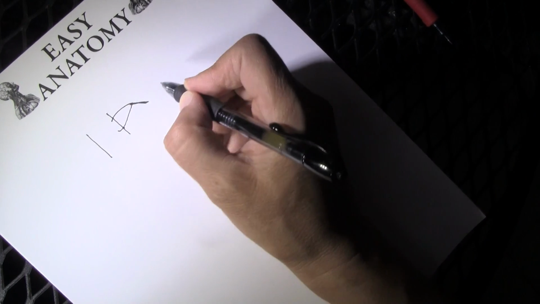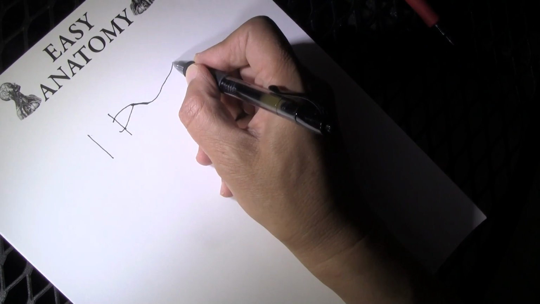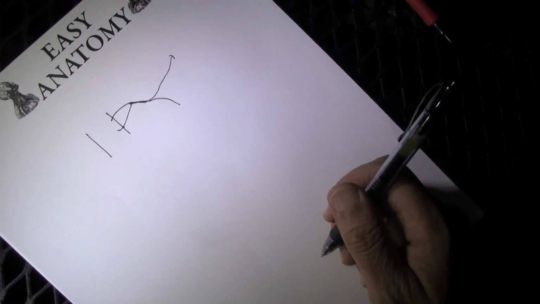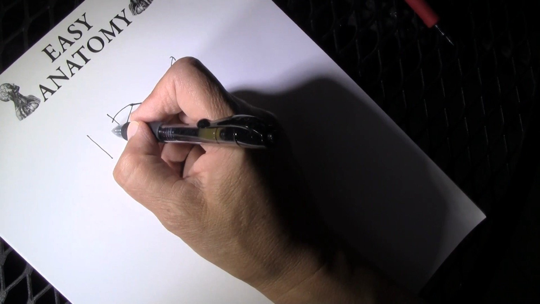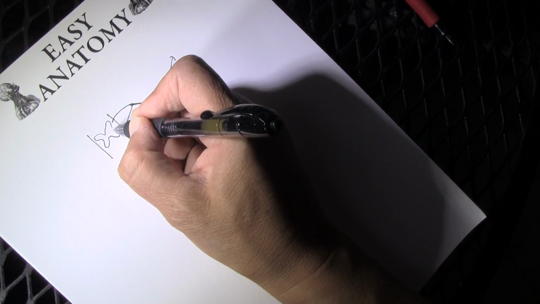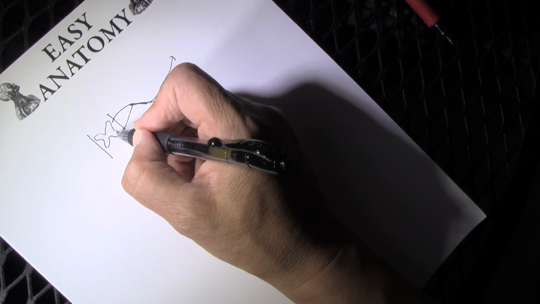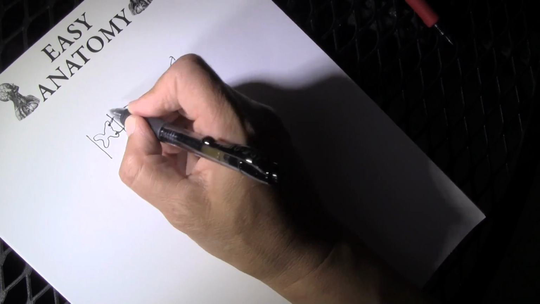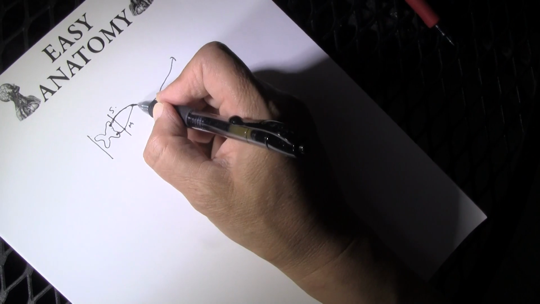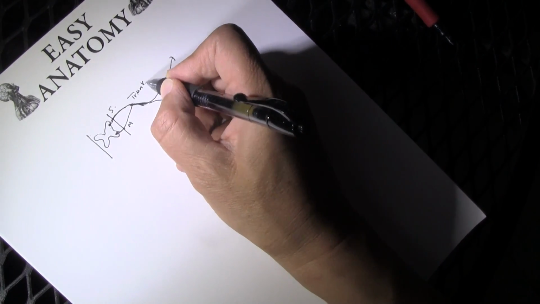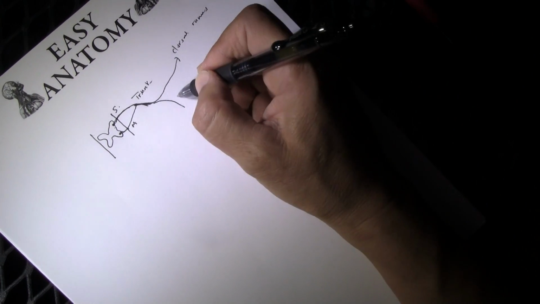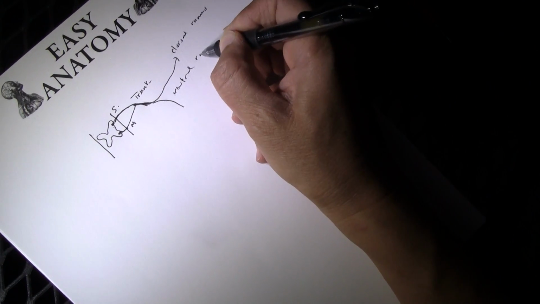Then the trunk is going to split into the posterior or dorsal ramus and the ventral ramus. This is the dorsal root, which is sensory. This is the ventral root, which is motor. This is the trunk of the spinal nerve. Then this is the dorsal ramus, and this is the ventral ramus.